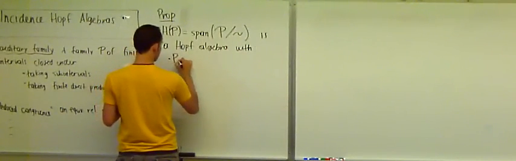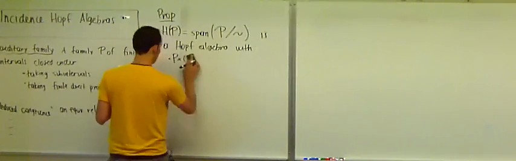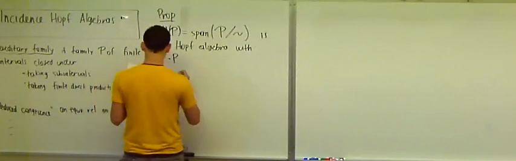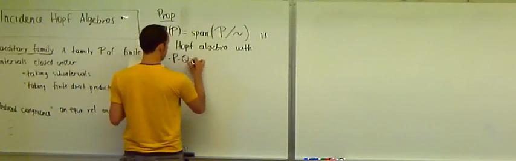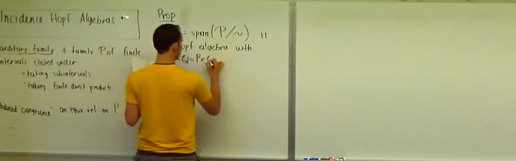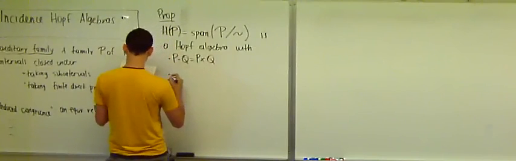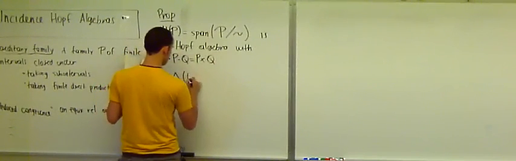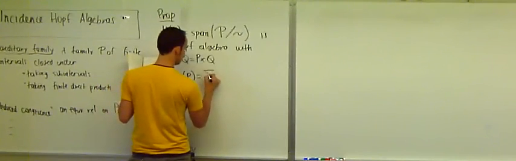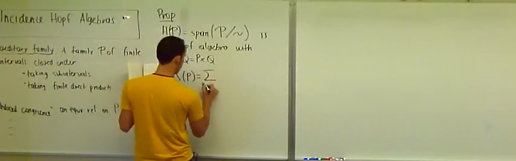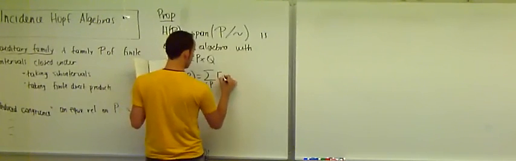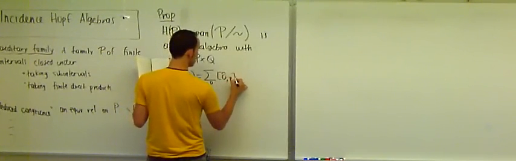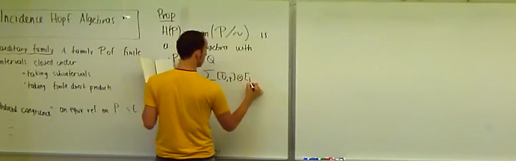The product of P and Q is P times Q. The coproduct of P is the sum over the elements of the poset of subinterval from 0 to P, tensor subinterval from P to 1.